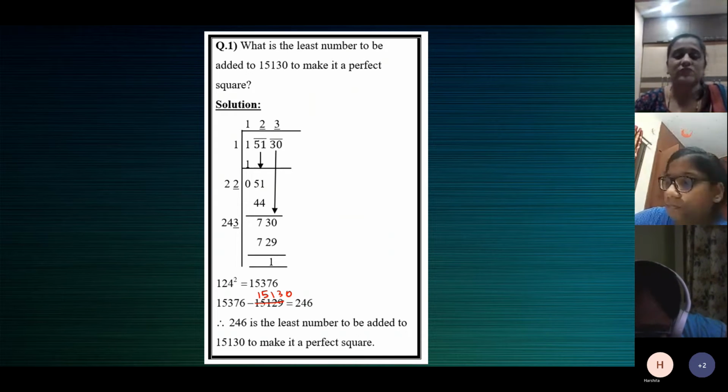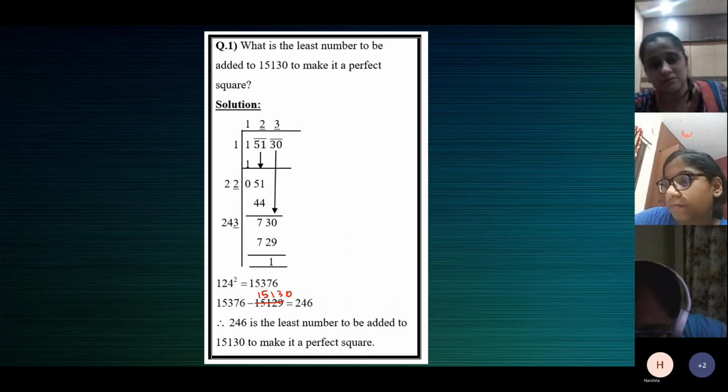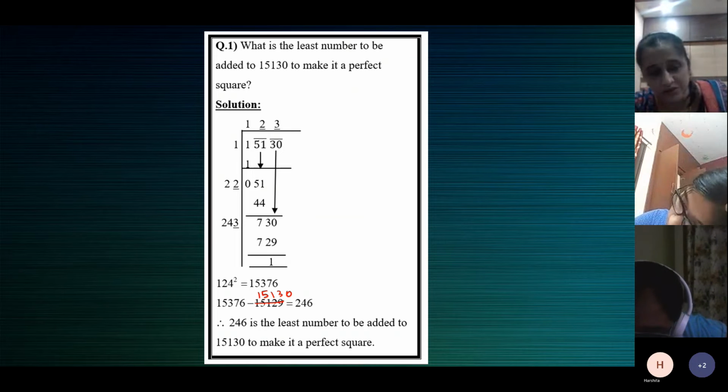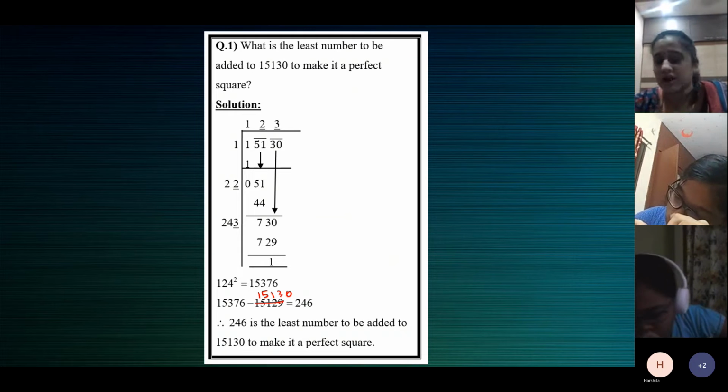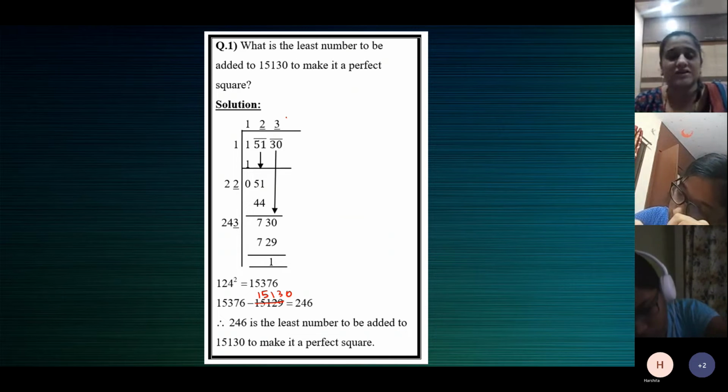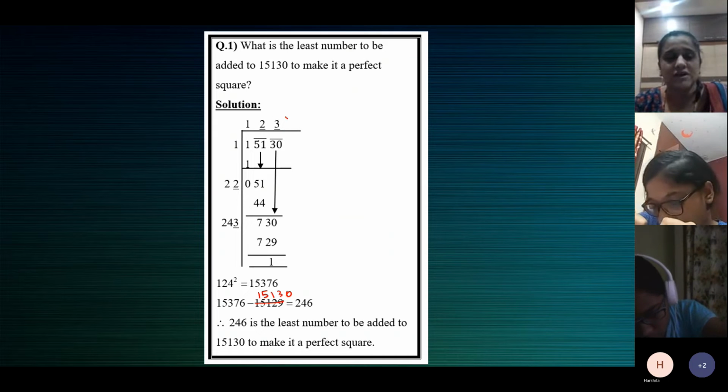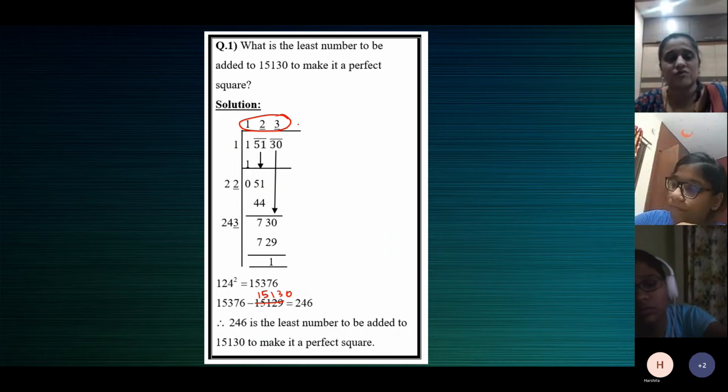So this is the procedure to find the least number to be added. We need to use the long division method. Once you finish the long division, take the successor of the quotient obtained. The quotient is 123, and the successor of 123 is 124.